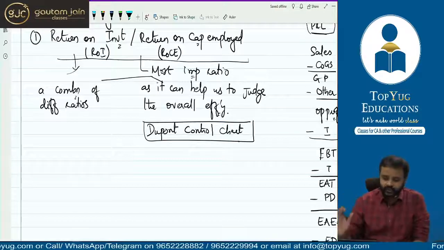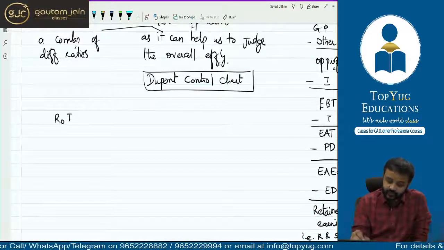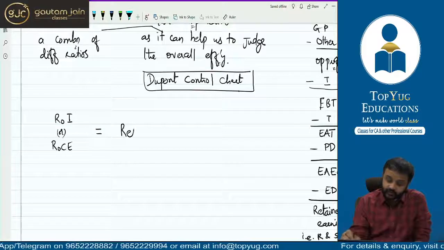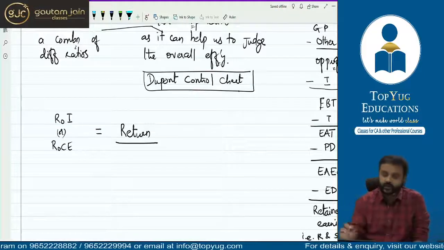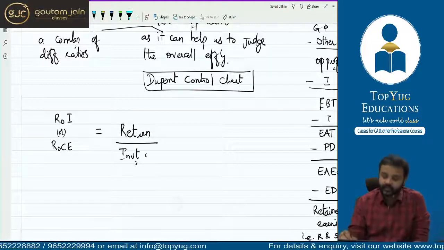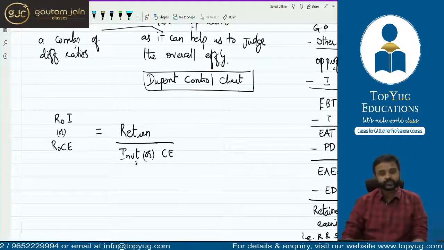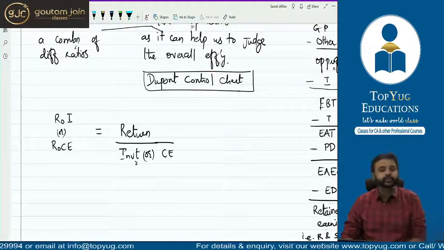Right, sir, fine. Now coming to this ROI, or ROCE, return on investment. So return divided by what? Investment, right? Or we may say capital employed, because this itself is return on capital employed. So return in the numerator and capital employed in the denominator.